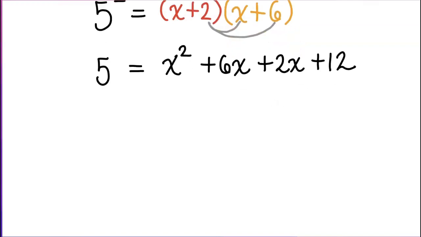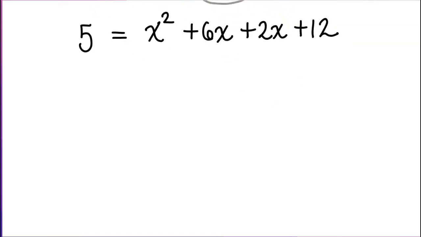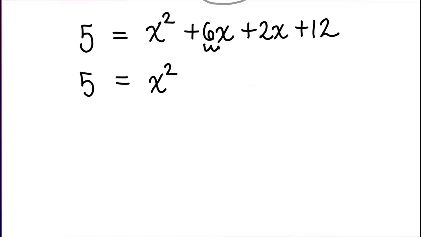I am going to combine the like terms in the middle. So we have 5 equals x squared plus, when you combine 6x and 2x, you get 8x plus 12.